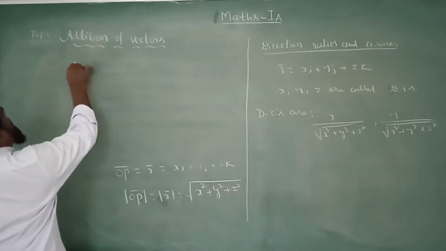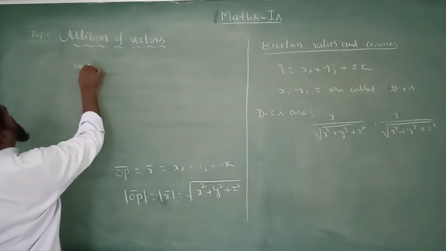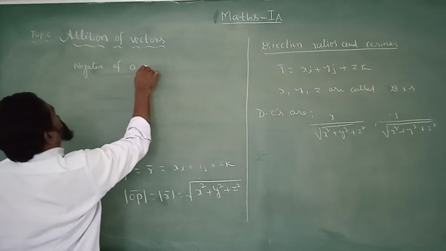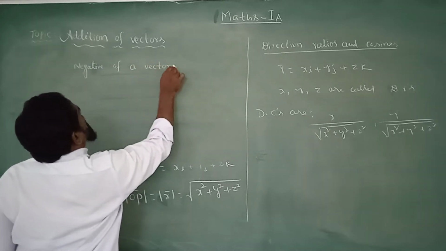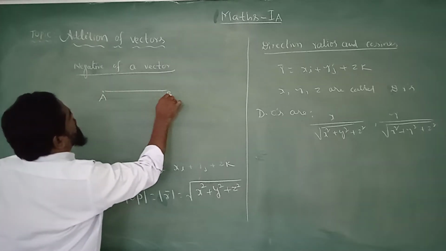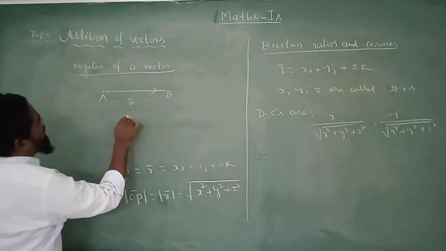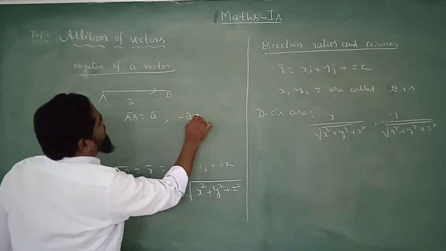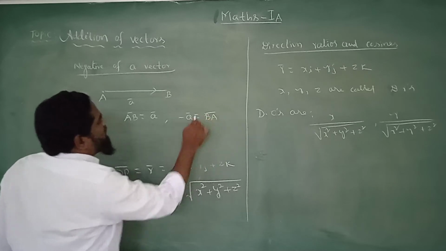One more thing is the negative of a vector. Understand? Suppose AB bar is equal to a bar, a vector. Its negative is minus a bar, equal to BA bar.